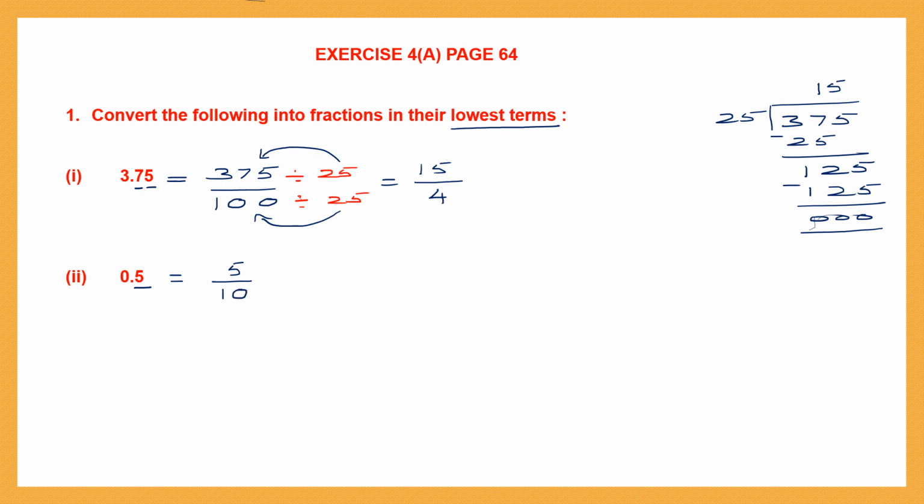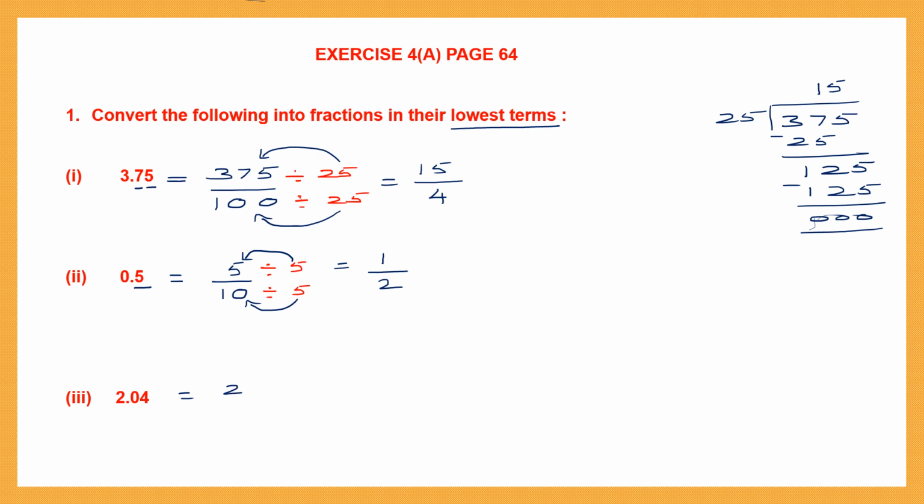So our fraction is 5 by 10. Now we can reduce this to the lowest term by dividing both by 5 itself. So 5 ones are 5, so our numerator is 1, and 5 twos are 10, so we have 1 by 2. So what's our answer? 1 by 2.